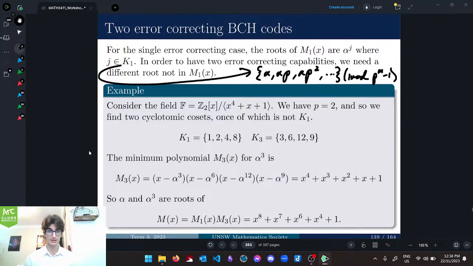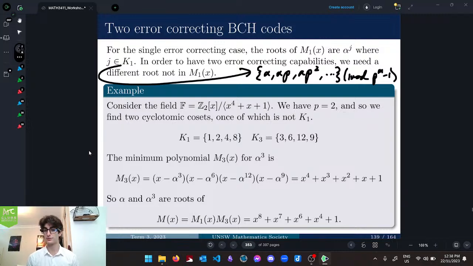So let's go through an example. In order to have 2 error correcting capabilities, we need a different root, not in M1(x). Consider the field F defined as this finite field, quotient with x^4 + x + 1.